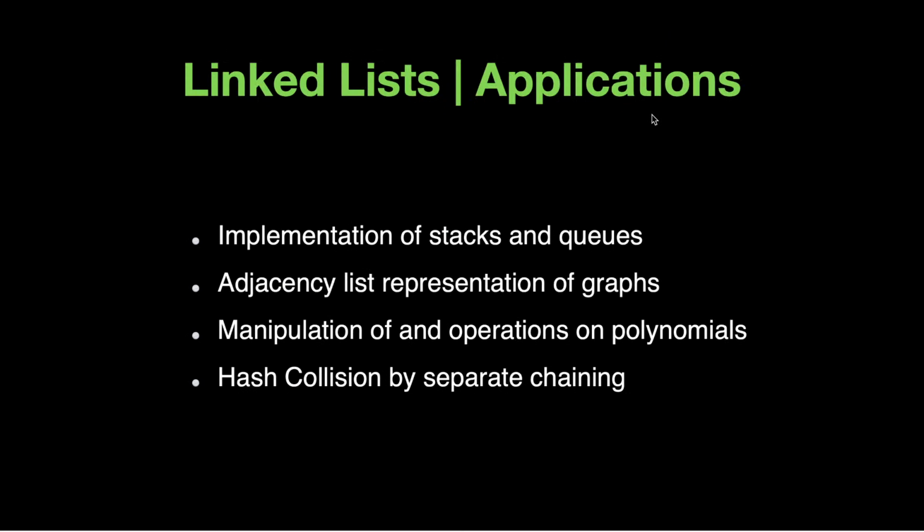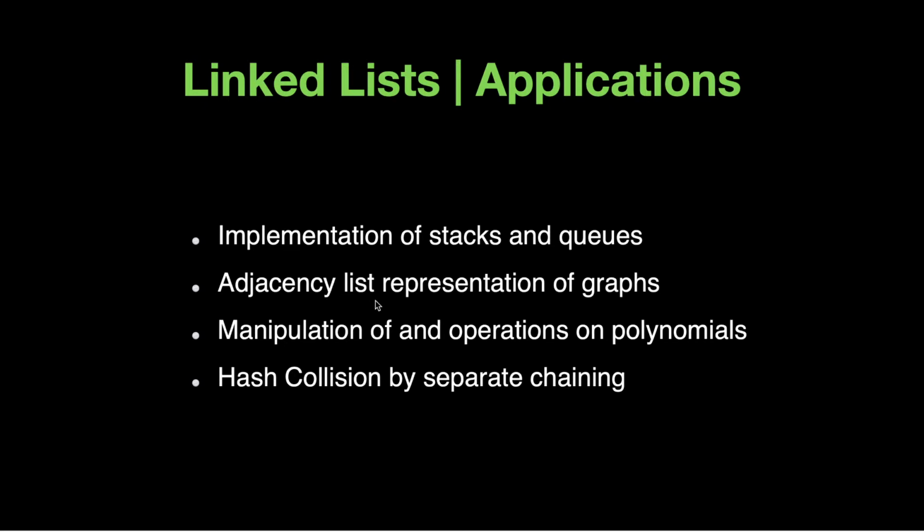So what are the applications of linked list? They are used in the implementation of stacks and queues. Actually we can implement stack with a linked list, and we can also implement queues with linked list. Actually queues are optimally implemented using linked list. Okay, we will discuss that later on.